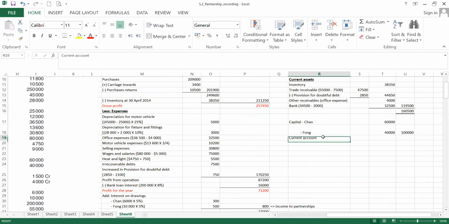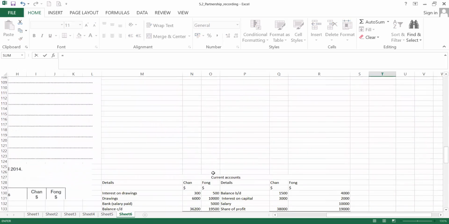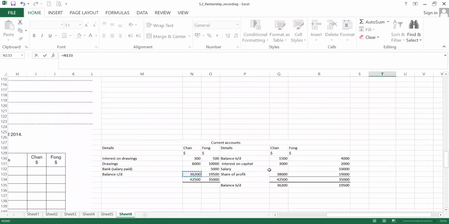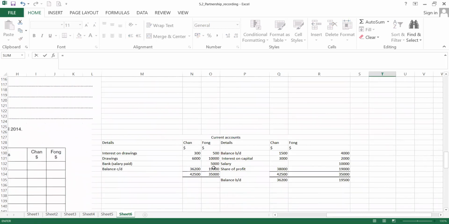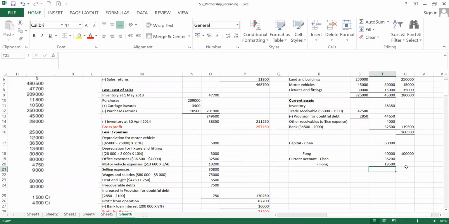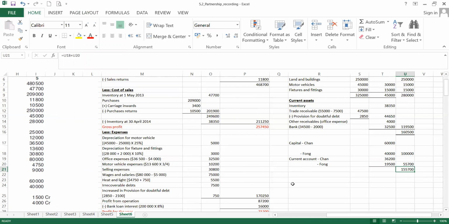Current account and capital account are both in the same section. Because we already calculated the current account, we just need to take the current account amount for Chan, and then for Fong is 19. These two amounts are added up. So subtotal first. Okay, this is the total capital for Chan and Fong.